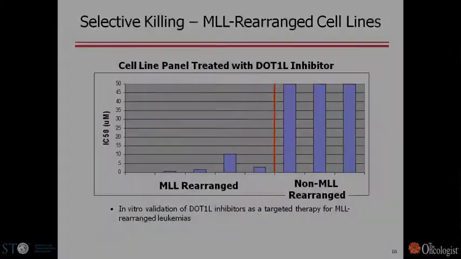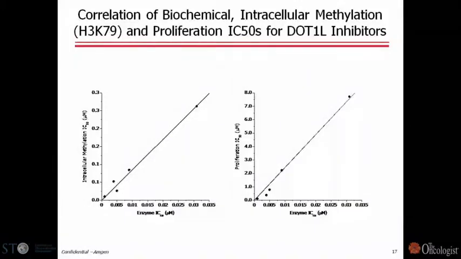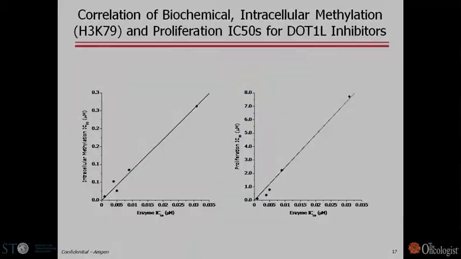And we have seen this in a variety of different MLL rearranged cell lines and non-rearranged cell lines. That selectivity of cell killing holds up very nicely. We see beautiful correlation between inhibiting the enzyme, inhibiting intramolecular methylation, and cell proliferation.